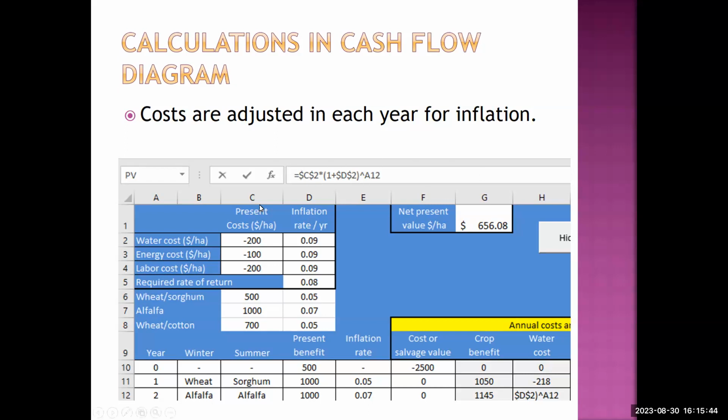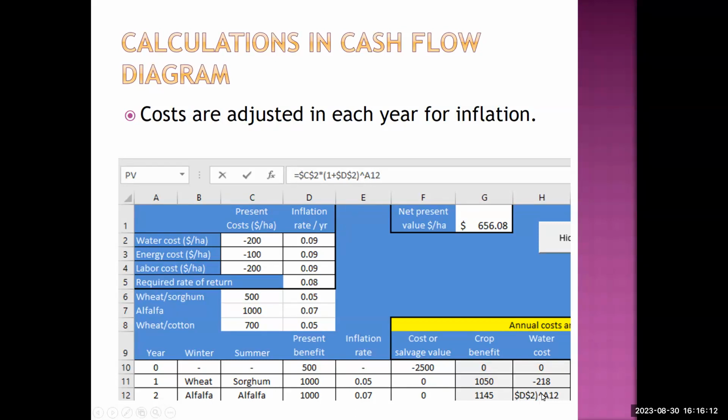So in one sense, the sheet is complex, but in another sense, it's simple. For example, if we're calculating the water cost in year 2, we would just use the water cost in the first year, add the rate of inflation to 1, and then take it to the power of the year. That's in every cell.